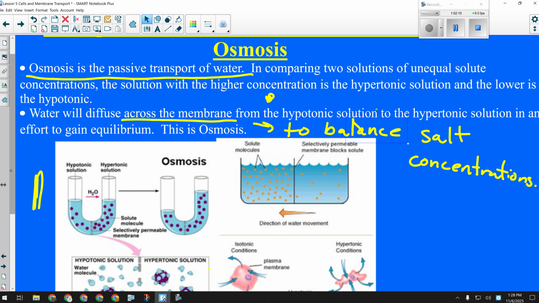On one side, you'll have tap water, and on the other side, you'll have tap water that you've added salt to. Over the course of even a few minutes, you will start to see the water level on the tap water side drop and the water level on the salt side go up. And it'll continue to do that until the concentration on both sides of the sausage casing are equal.